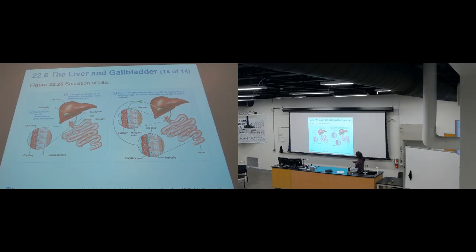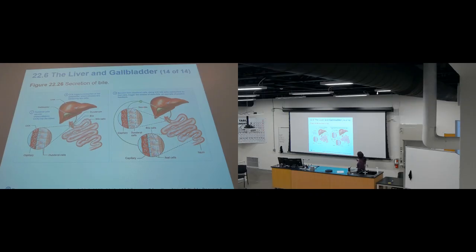Cholecystokinin activates the contraction of the muscle within the walls of the gallbladder, and then that contraction leads to the release of this bile. And then the bile will go and emulsify the fats, and then you will have the lipase acting on these fats, and then you can process.